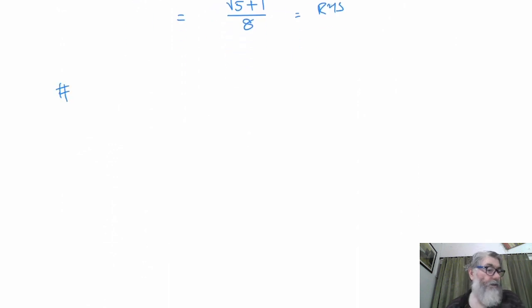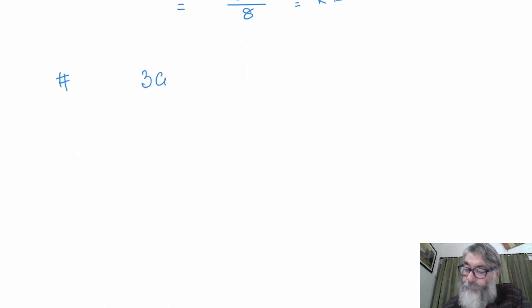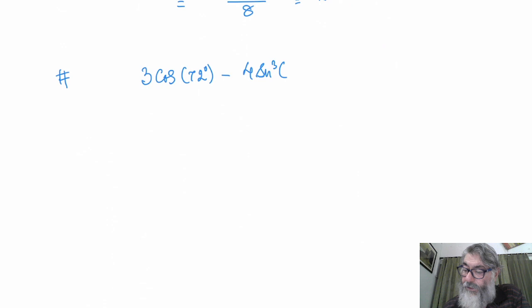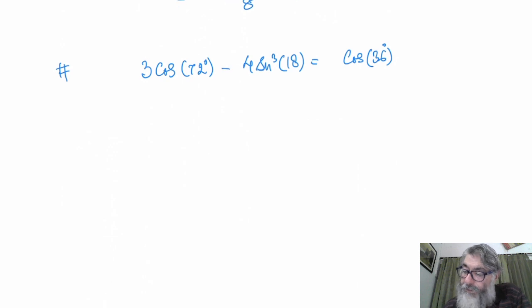Next question is 3 cos 72 minus 4 sin cube 18 is equal to cos 36 degree. Now, if you look at the left hand side, it is 3 cos 72 minus 4 sin cube 18. If instead of cos 72 it was sine, we would have got the formula for sin 3 theta.